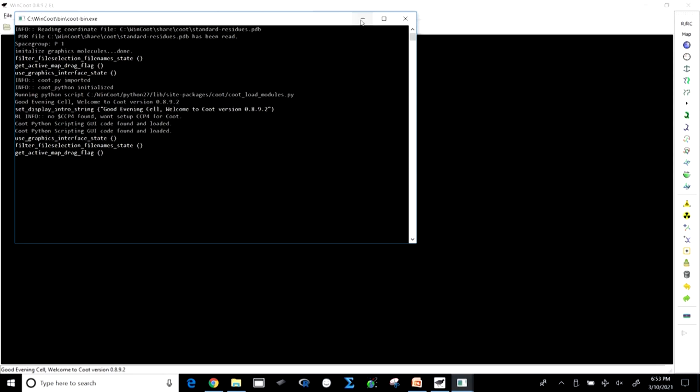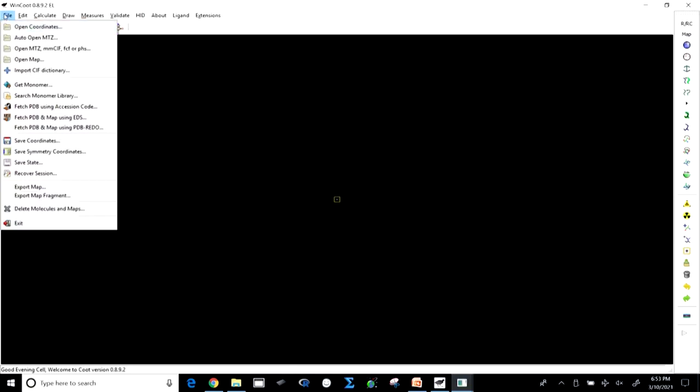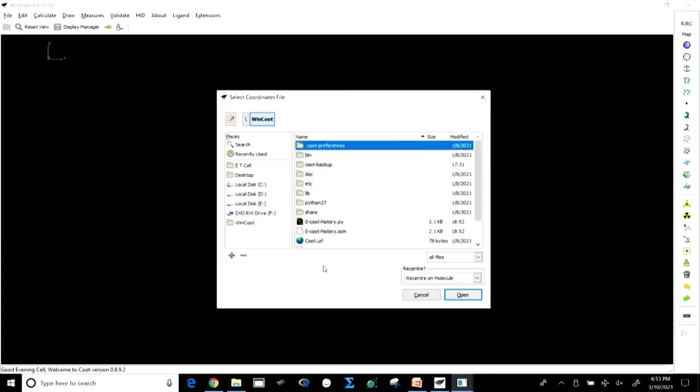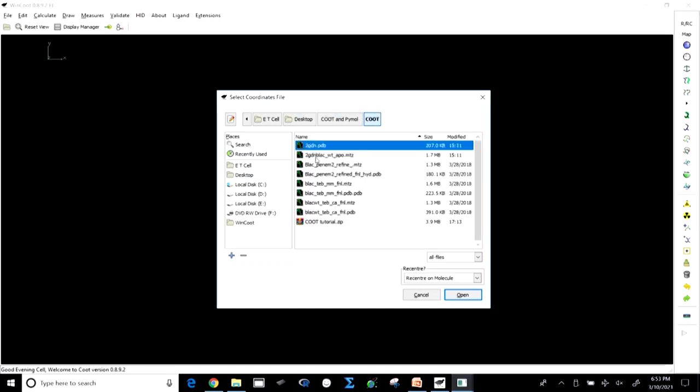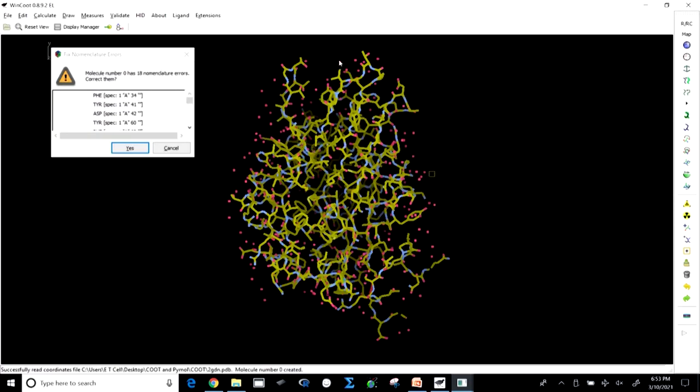So, there are two interfaces. In this interface we will see all the changes we are making. So, you have File, then you go to Open Coordinates, because we will open the coordinate files. So, we go to the file and we get the PDB. So, this is the representation.